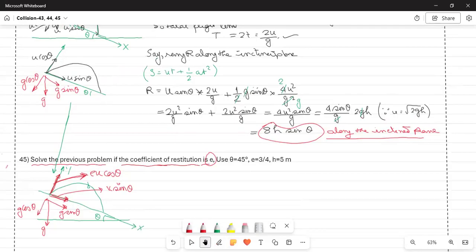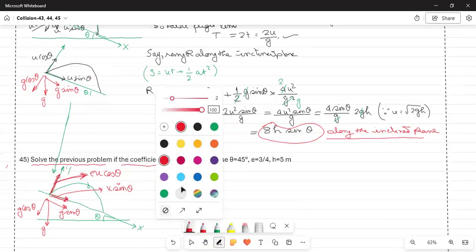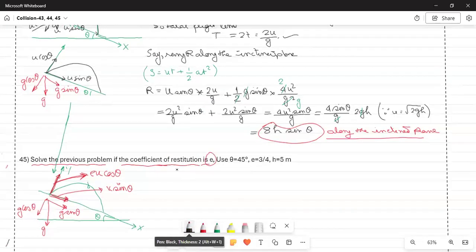Here, we first find out the time to reach the maximum height. Let us say the time to reach the maximum height is t.